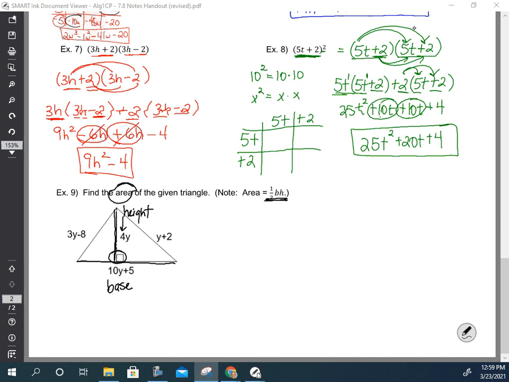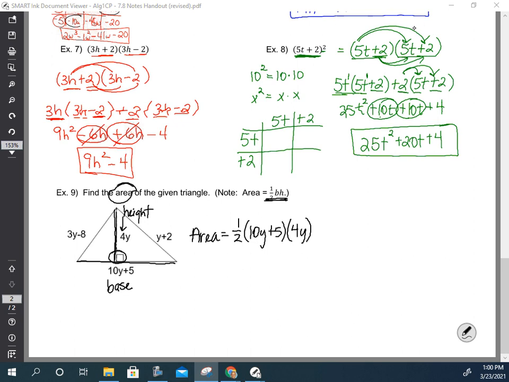So when you originally set up the problem, you have your area equal to 1/2 times 10y plus 5 times 4y. Now, if you want to use Punnett squares for this problem, my advice is that you have to do them 2 at a time.